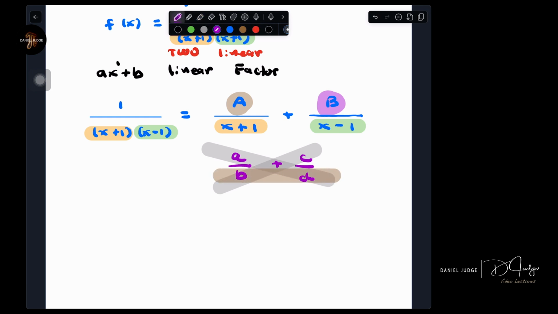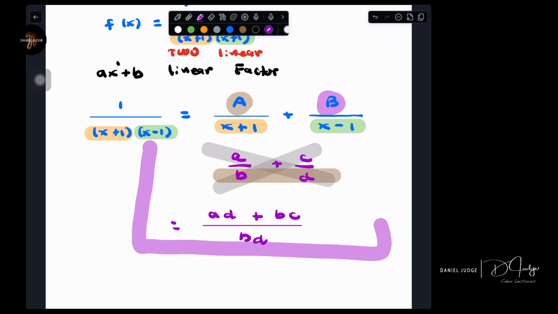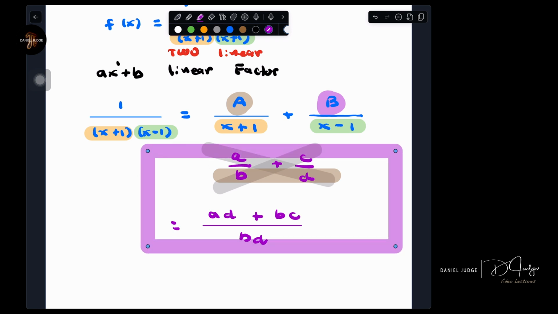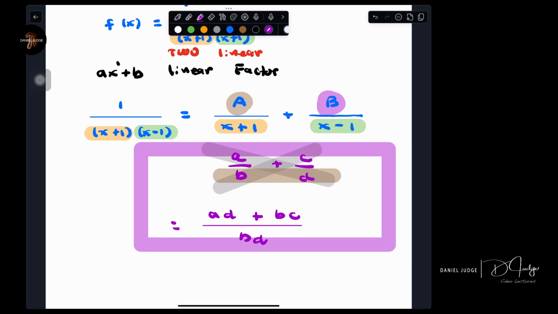So using this algorithm, we'll get a times d plus b times c over bd. So there you go. We're going to use this to cross multiply here for a numerator, and the denominator will have the product down here. So let's see what we end up getting here.